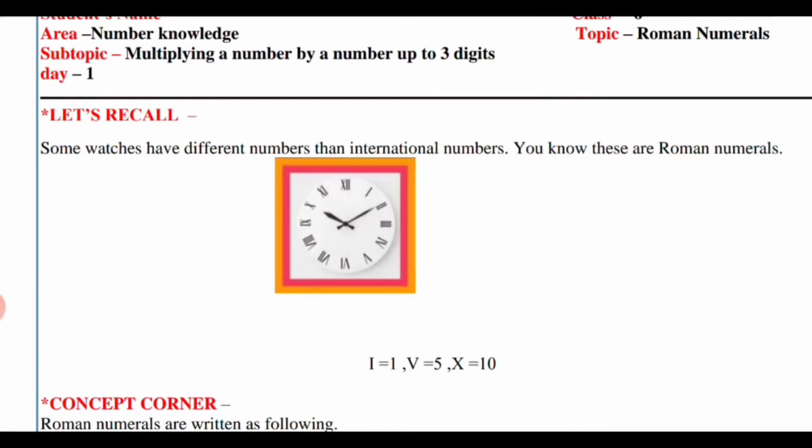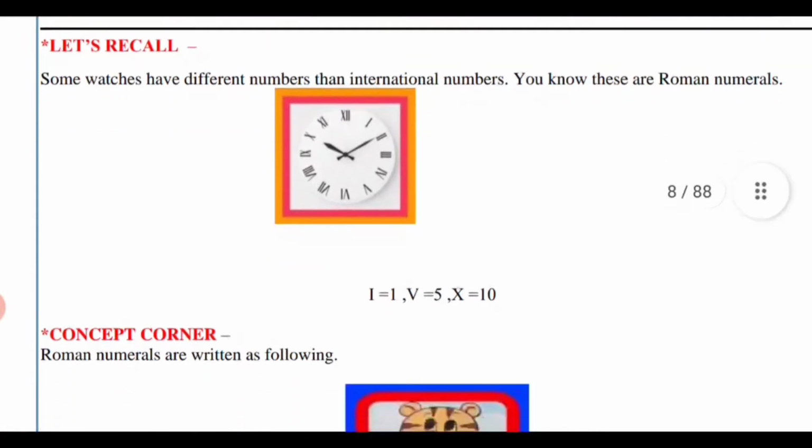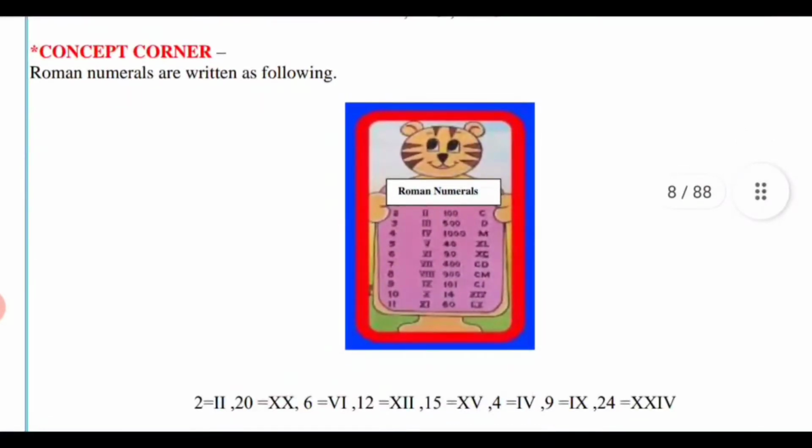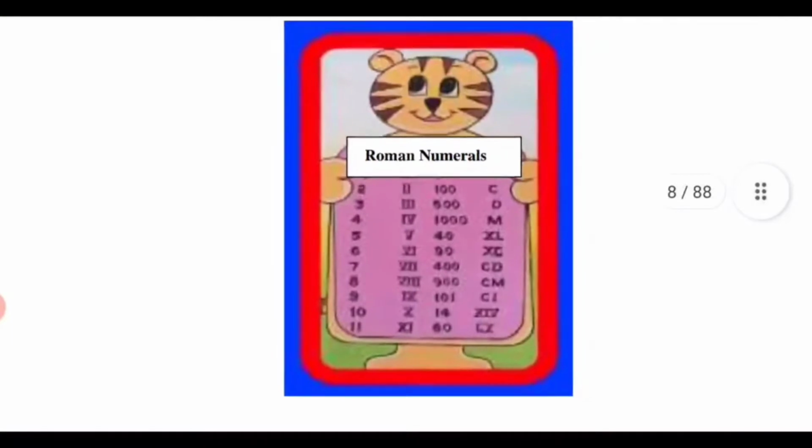Now after Let us recall, there is the concept corner. In this concept corner, you can see one picture is given, and in this picture Roman numerals are shown written as follows. See the picture, you all have done it in your 5th standard.